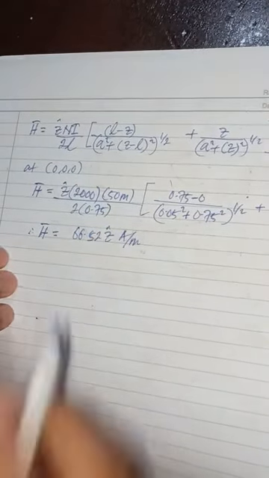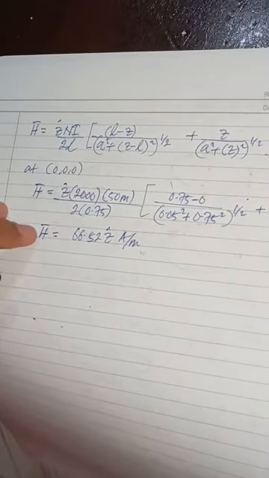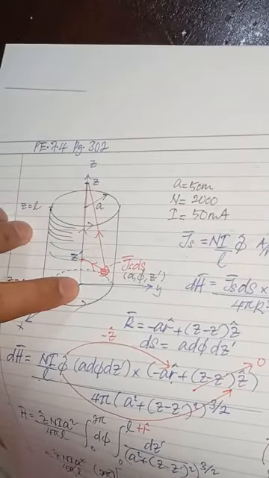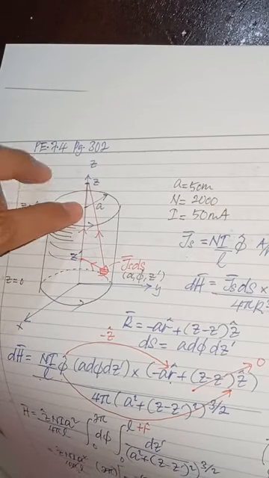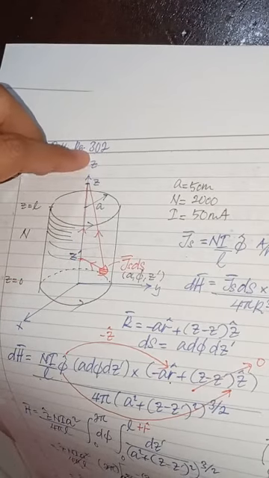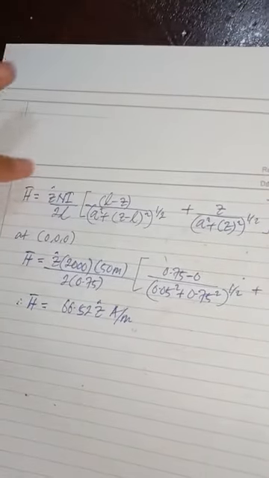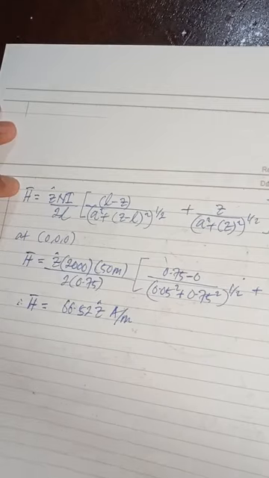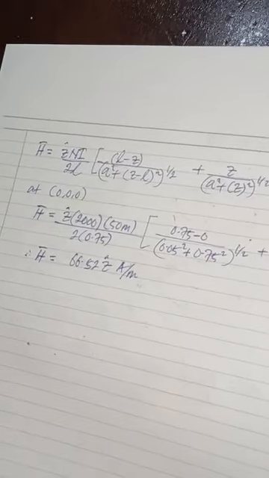Okay guys, so you can actually find the H value at any point along the axis of the solenoid, either at the center here, at the bottom edge, at the top edge, or even at higher positions. It's up to you. So you just find the general equation as shown here that can be used to find the H field at any position required. Okay guys, I hope you can try yourself. So thank you.